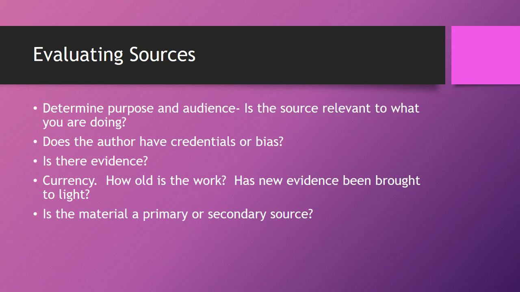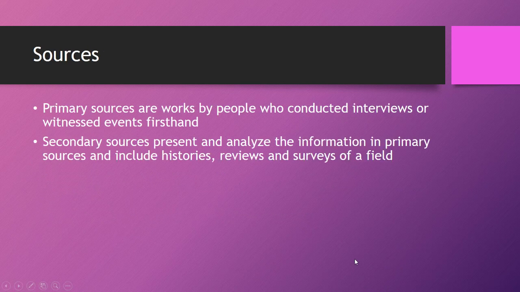Has new evidence been brought to light that makes that evidence obsolete? And then we talked about primary and secondary sources, but you want to note if it is a primary or a secondary source. Once again, primary sources are works by people who conducted interviews, witnessed events firsthand, surveys. Secondary sources, of course, present and analyze the information in primary sources, include history reviews, surveys of field, etc.